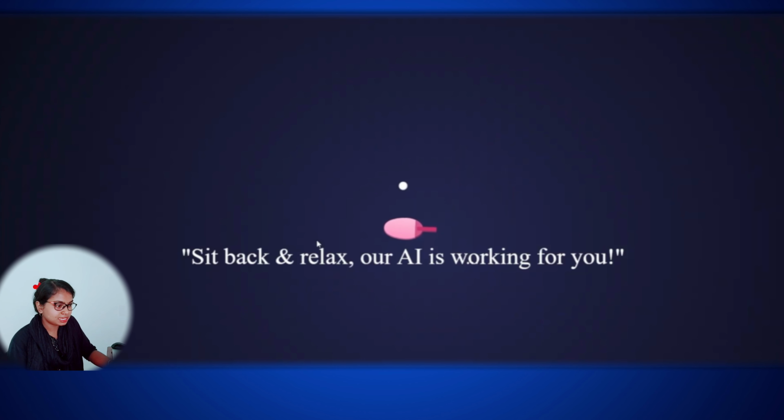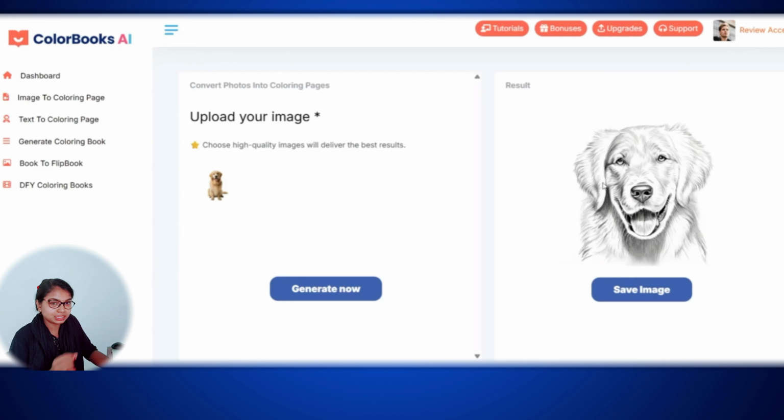Well, it says sit back and relax, our AI is working for you. Nice, so let's wait a few seconds and see what it comes up with. Oh wow, just look at that. The result looks incredible. The AI has turned the image into such a clean and detailed coloring page, right? It honestly looks professional.